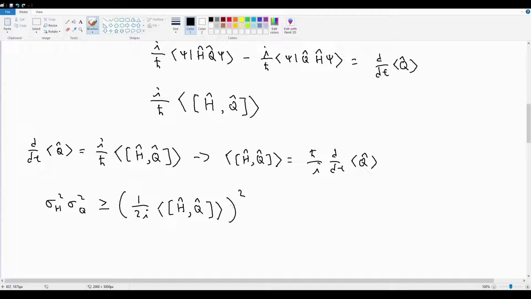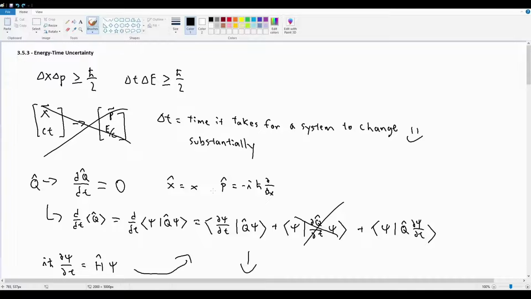So our goal here is to somehow turn h into energy and turn q into time, and then show that the resulting equation is going to reduce down to h bar over 2 up here.